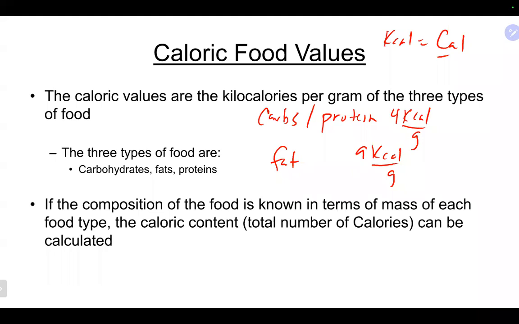If you look at a nutrition label on your food, it will say, hey, there's 30 grams of protein and 30 grams of carbs, or 100 grams of fat, or whatever it may be that you're eating. They do a simple calculation to get you that number up on top of how many total calories there are.